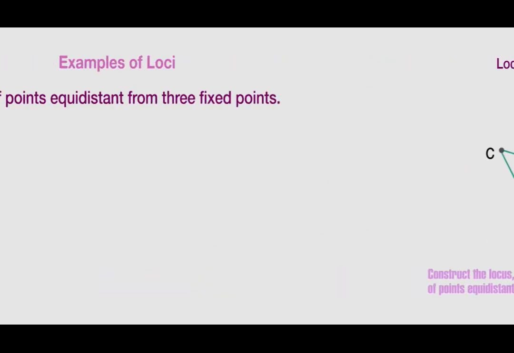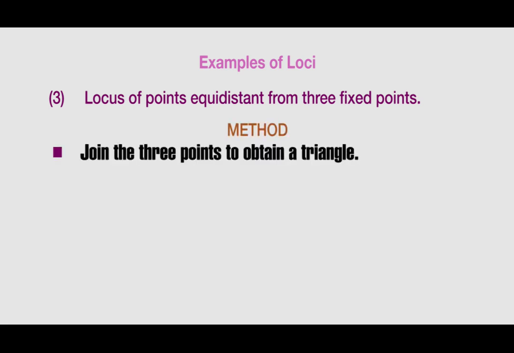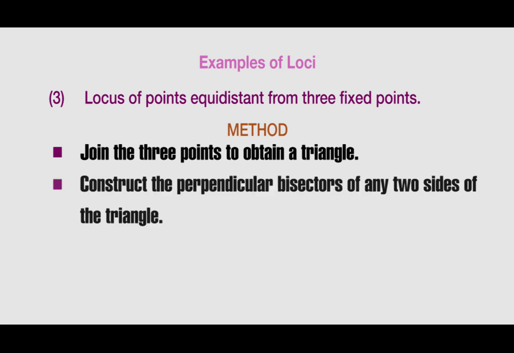3. Locus of points equidistant from 3 fixed points. How do we construct the locus of points equidistant from 3 fixed points? Let's look at the method. 1. First join the 3 points to obtain a triangle. 2.